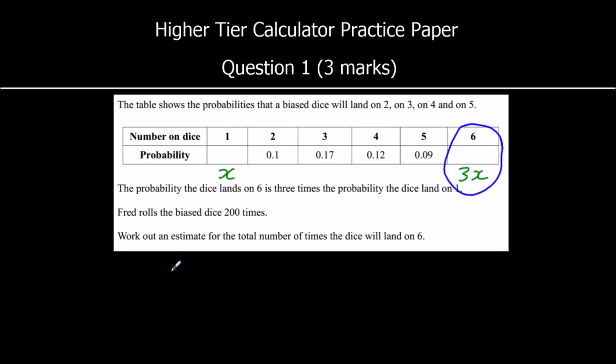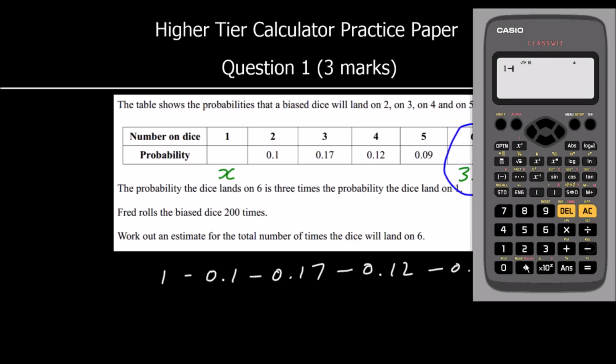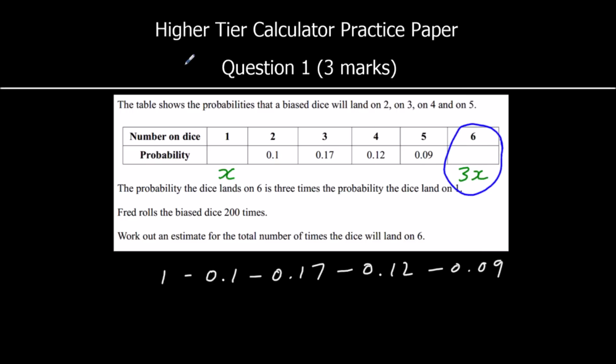So just like last time, 1 minus all the probabilities that we have. And that will tell us the probability of a 1 or a 6. So 0.52. So x and 3x, which is 4x. 4x must be 0.52.